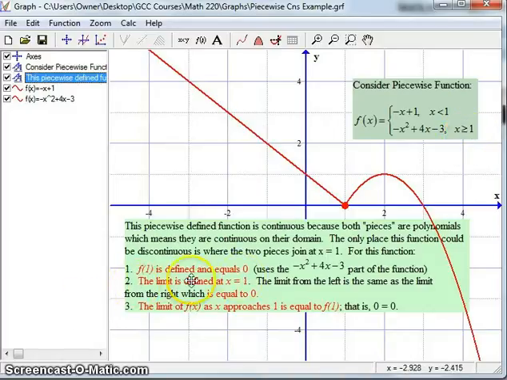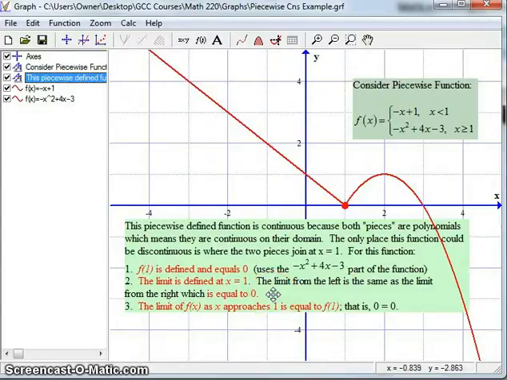The second part of the definition of continuity is that the limit is defined at this point where we piece them together. So if I think about the limit from the left, I get 0, and the limit from the right also produces 0. So the limit exists for this particular function and is actually equal to 0.